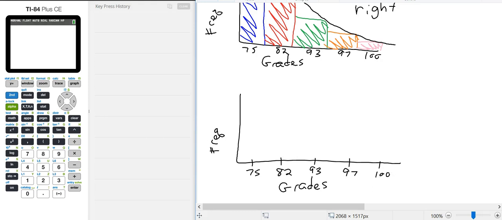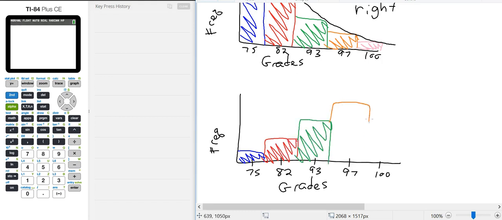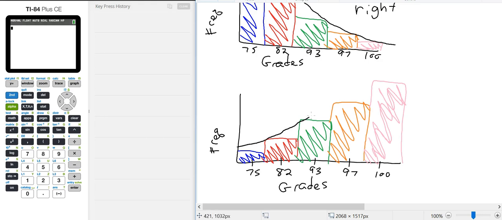And we had very few students getting 75s, few students getting 82s, more students getting 93s, even more students getting 97s, and a lot of students getting 100. This graph is not normally distributed because we have many more values on the higher end. This graph is said to be skewed left because we have fewer values on the left-hand side.